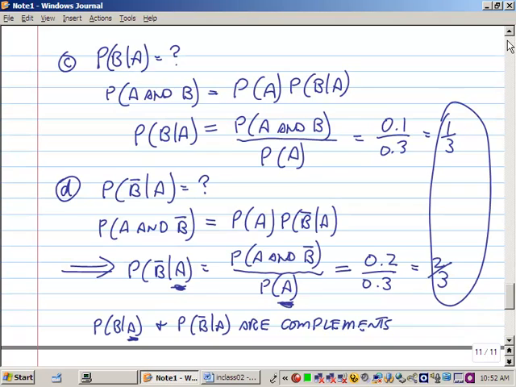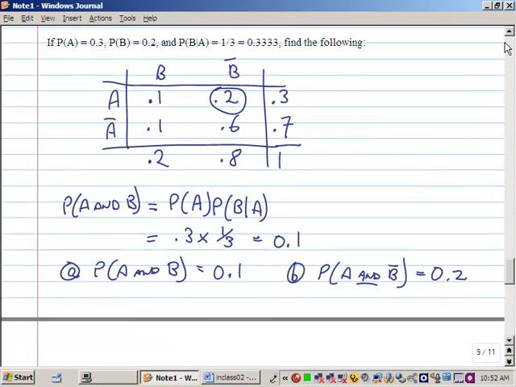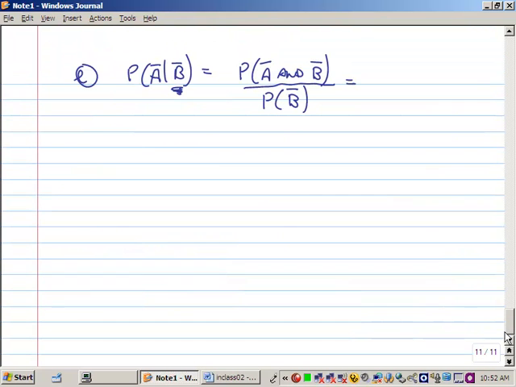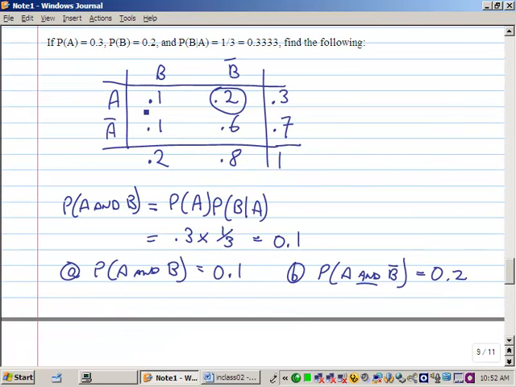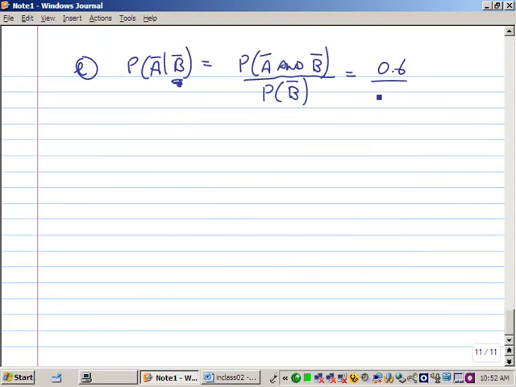Let's go back to the probability of A bar and B bar. It's 0.6 over here, divided by the probability of B bar, which is 0.8. And that's 3/4 or 0.75.